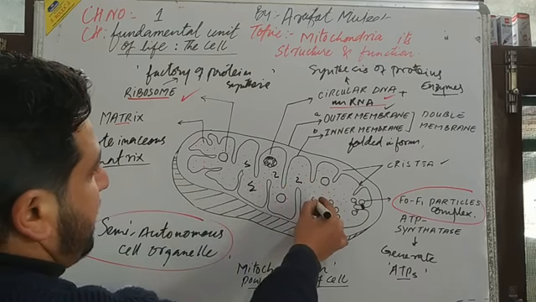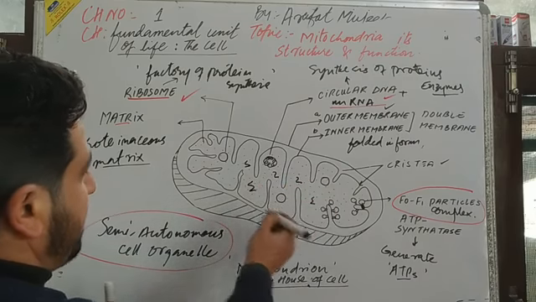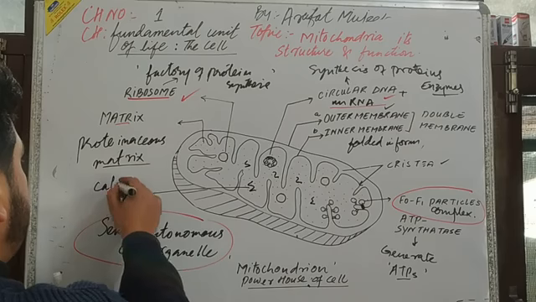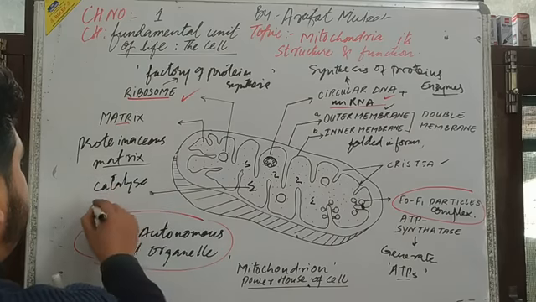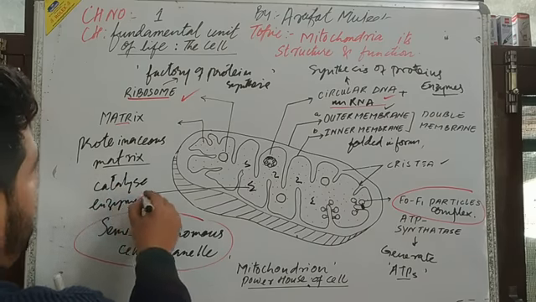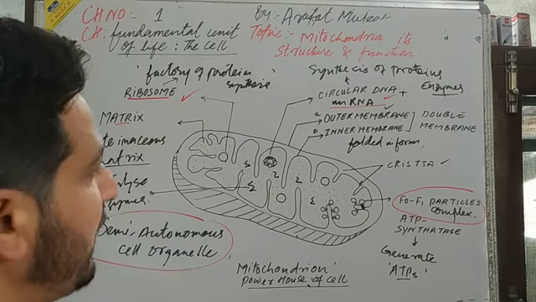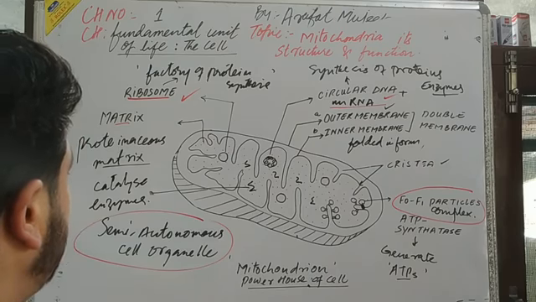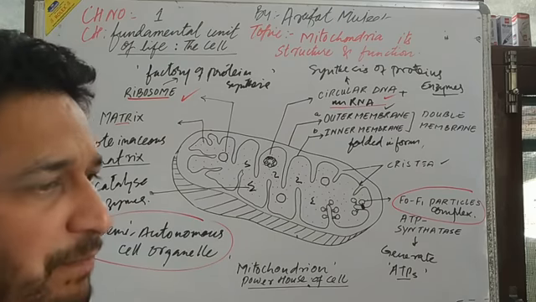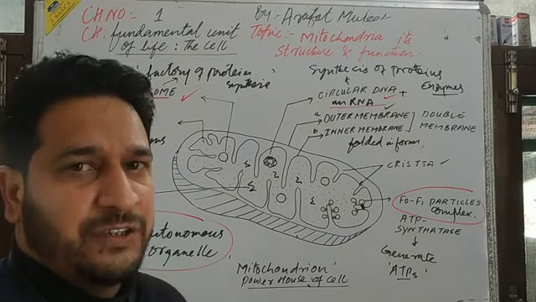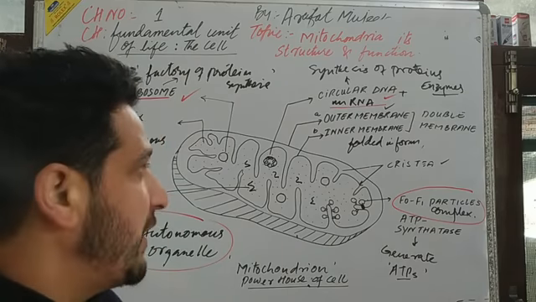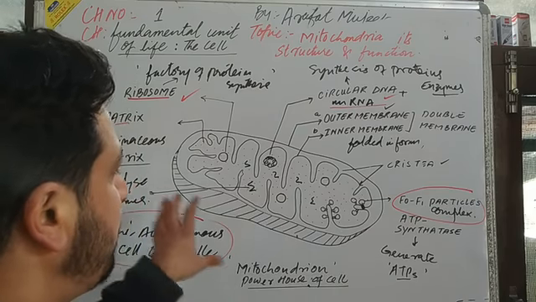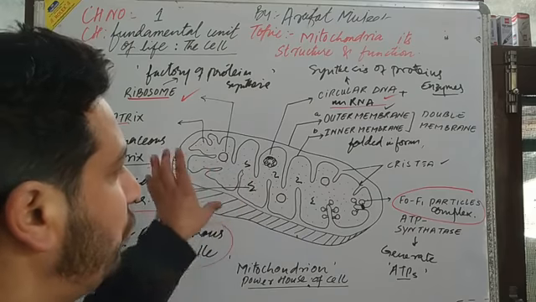There are a number of catalase enzymes. Here I can name it: catalase enzymes are present in the matrix of the mitochondria, and these enzymes perform a number of reactions associated with aerobic respiration. So in this way, that is all about the structure of the mitochondria.